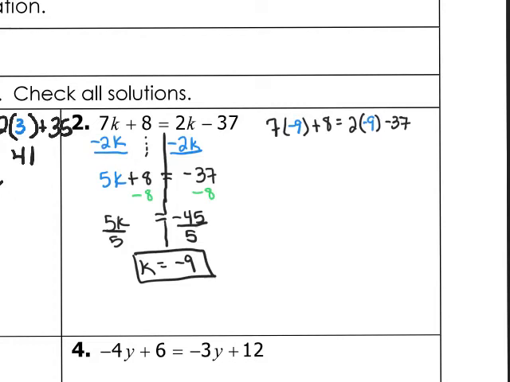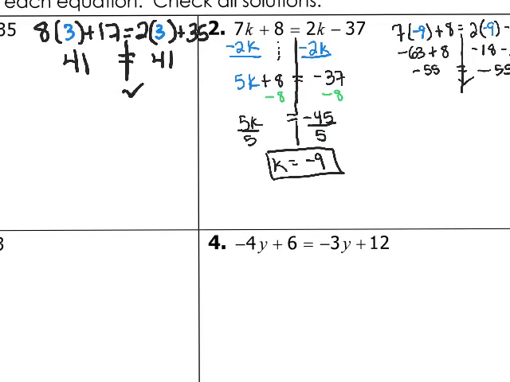Positive times negative is negative, so negative 63 plus 8, which means we're actually going to have less negatives when we're done. So we have negative 55. And then we have negative 18 minus 37 also equals negative 55. So it checks out that negative 55 is equal to negative 55.